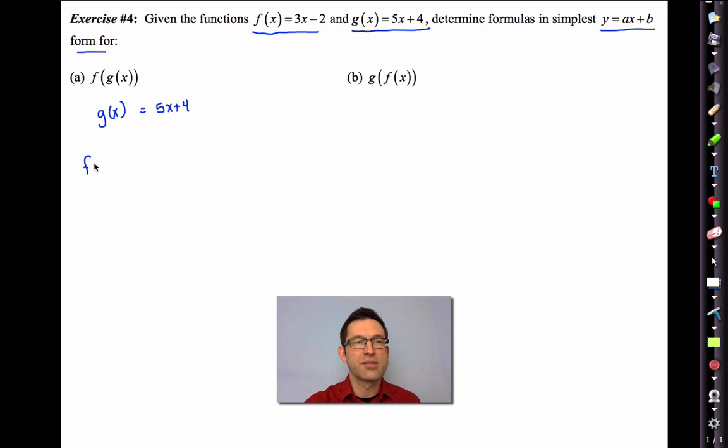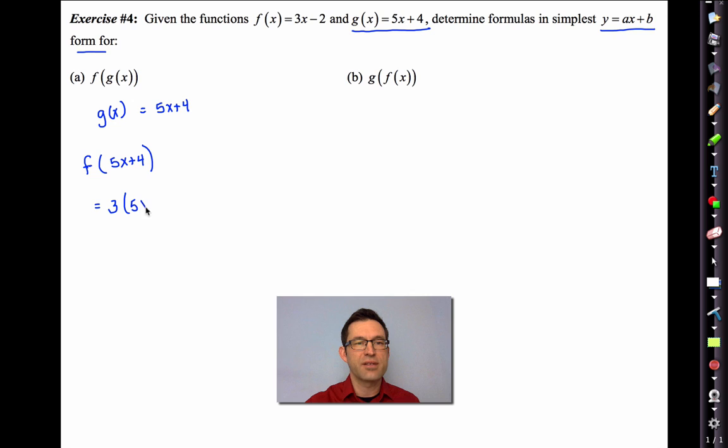Now I'm going to write down something that you haven't seen very much of. I now want to know what f of 5x plus 4 is. Now, what is f of x? Well, the rule says take the input, multiply it by 3, and subtract 2. But now the input isn't x.